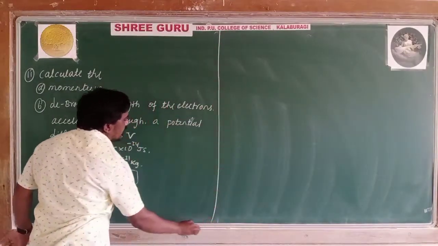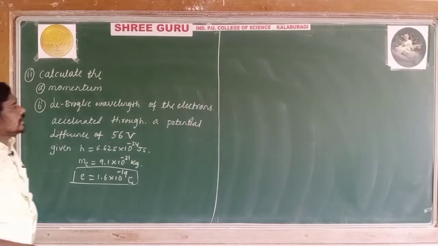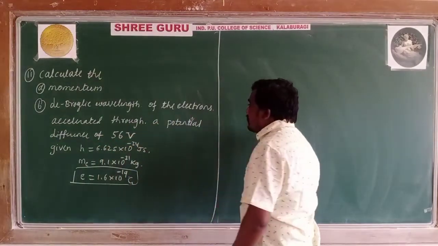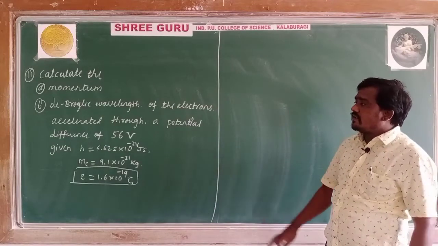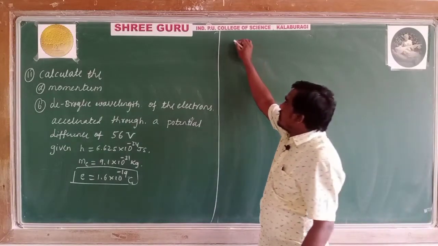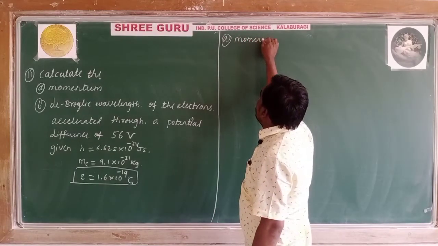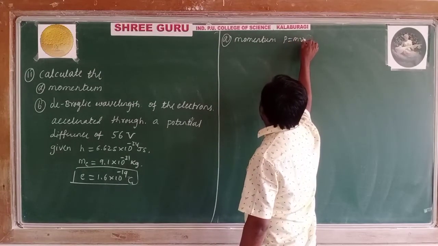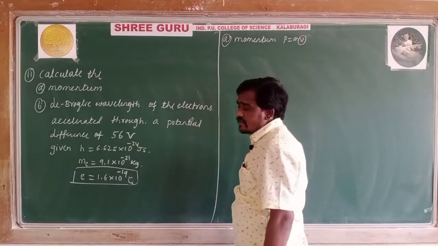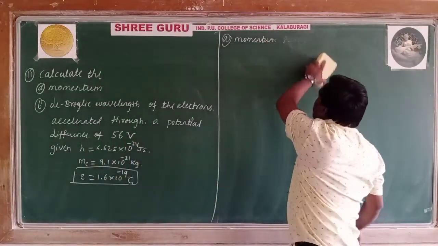Now solve the first momentum, then the de Broglie wavelength for a particular question. How to solve the momentum? Momentum means mass into velocity. Here velocity is not mentioned in the given values. If we should find the momentum, we can use the formula p is equal to mv, but here they have not mentioned the velocity, that's why it is not possible to solve from this expression.